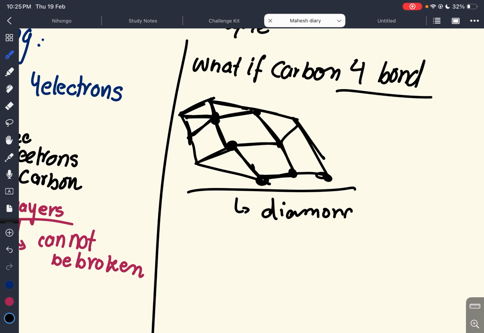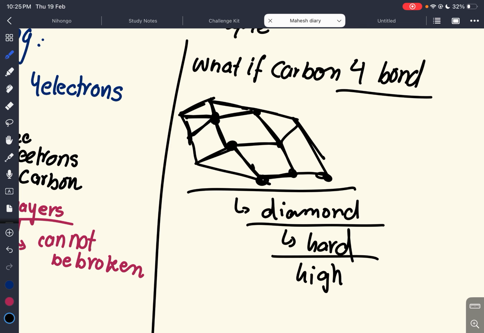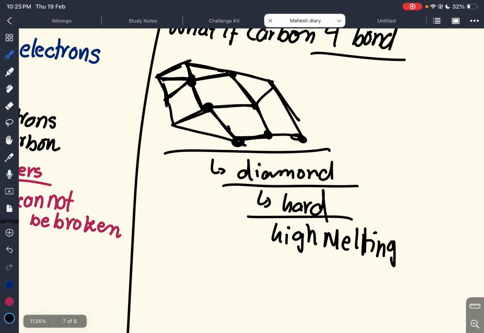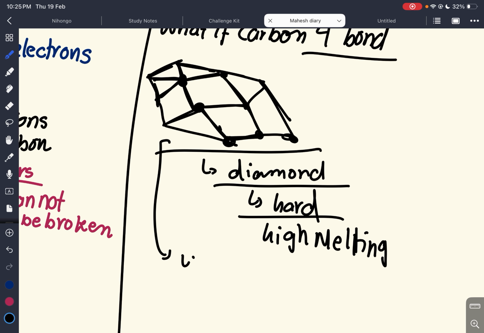And because of its layers, it's very hard. That's something we know. So it has a high melting point and a high boiling point. Diamond is actually used mainly for drilling, and of course, we all know the worth of diamond. It makes multiple bonds, and its structure is very important.